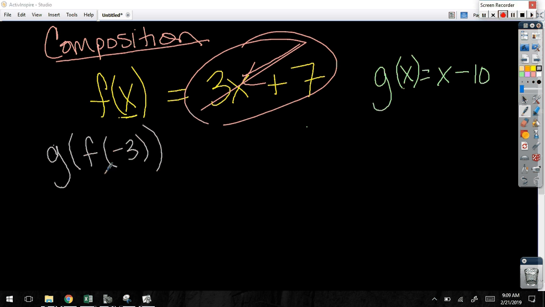So the way I go about these is I work inside out, okay? And the key is if you're plugging in a number and not a variable, then you should get a number back out, an answer without any variables. If you're plugging in a variable, then it should spit out a variable for you, okay? All right, so f of negative 3, I'm going to find first.